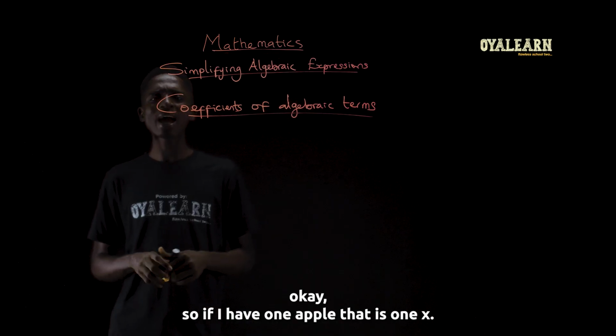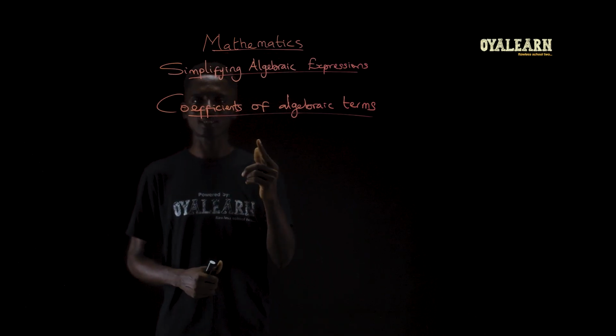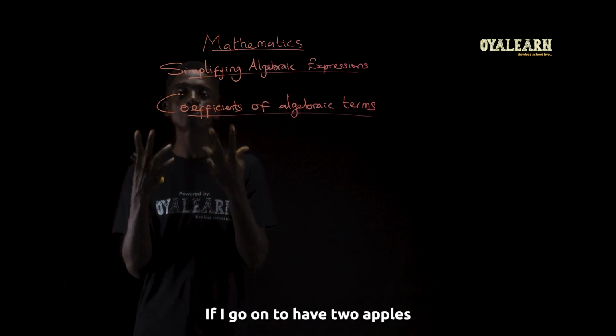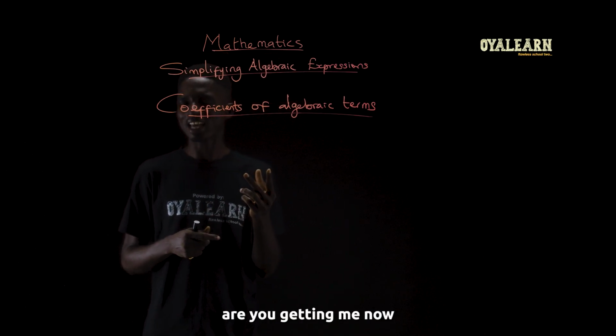Okay, so if I have one apple, that is 1x. Now if I go on to have two apples, then that makes it what? 2x. Are you getting me now?